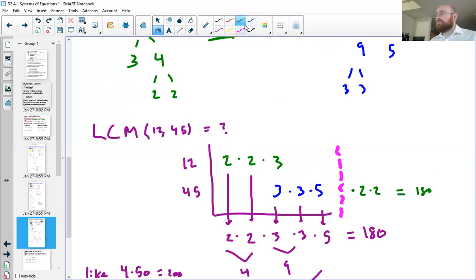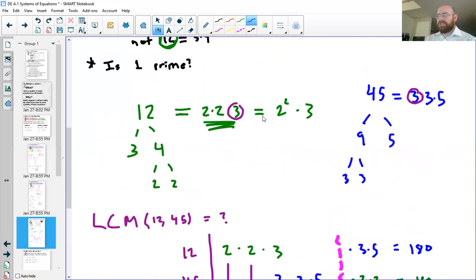And 12 needs to get multiplied by 3 and 5, the missing factors, and then we'll get up to 180. So this would be how we can use our least common multiples to find ways to cancel out terms when solving equations by elimination.